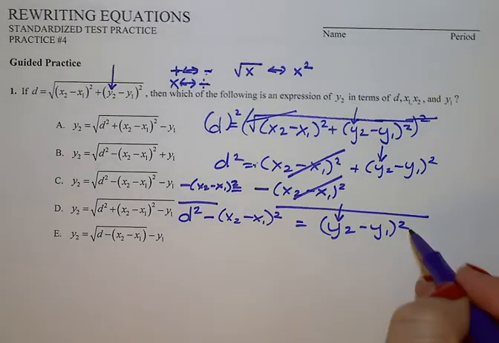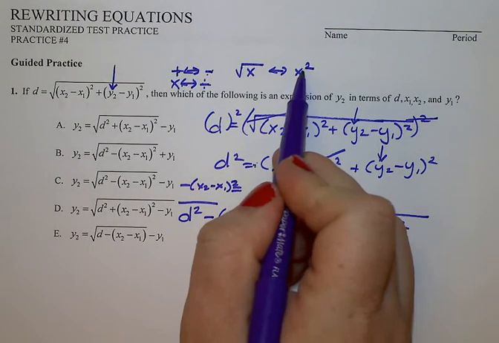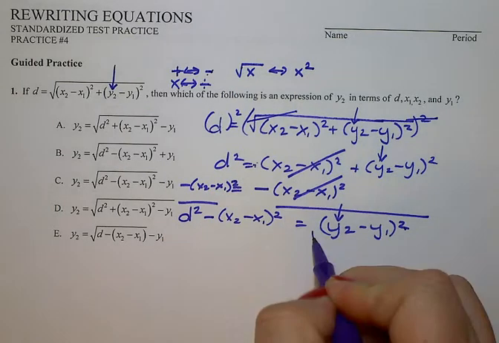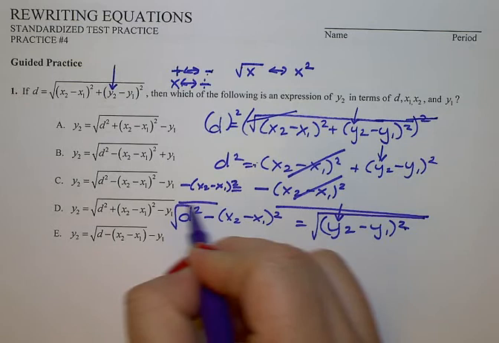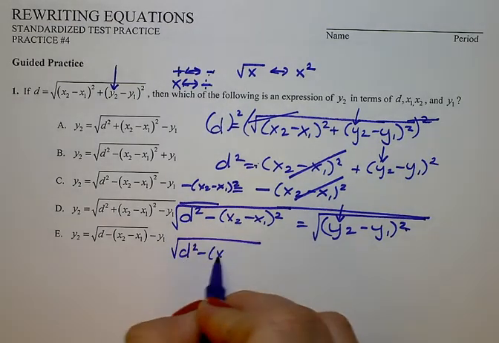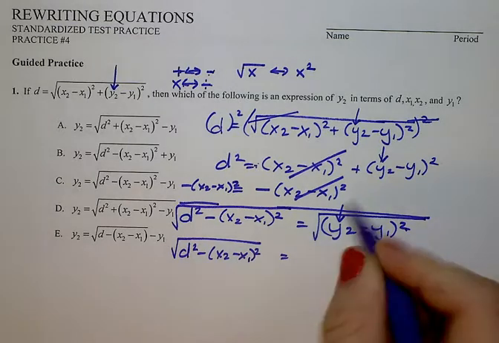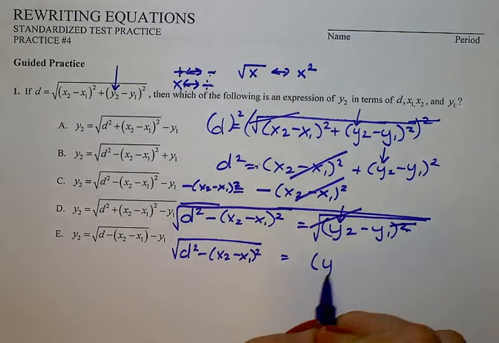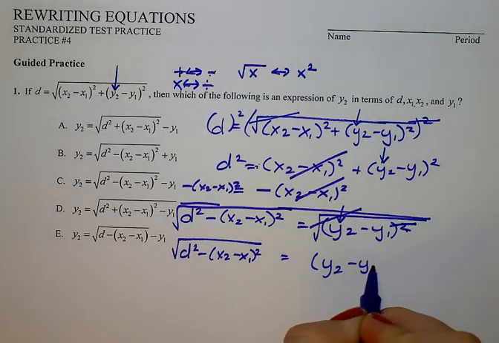Opposite of squaring a quantity is taking the square root of it. Whatever you do to one side, you must do to the opposite side. The square root and the square cancel, and you're left with the quantity y sub 2 minus y sub 1.